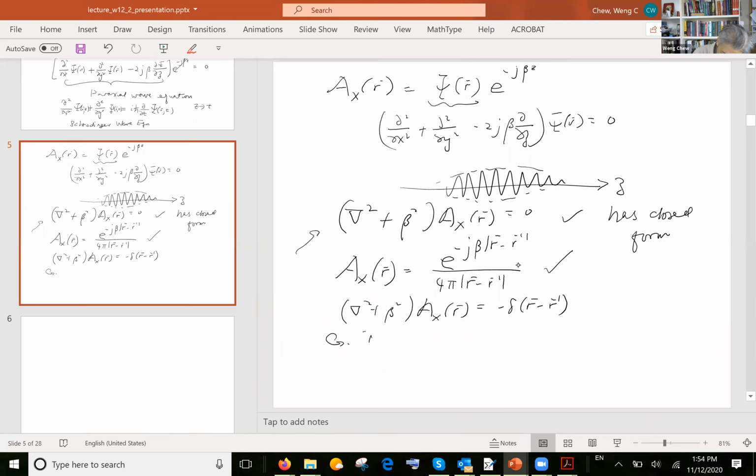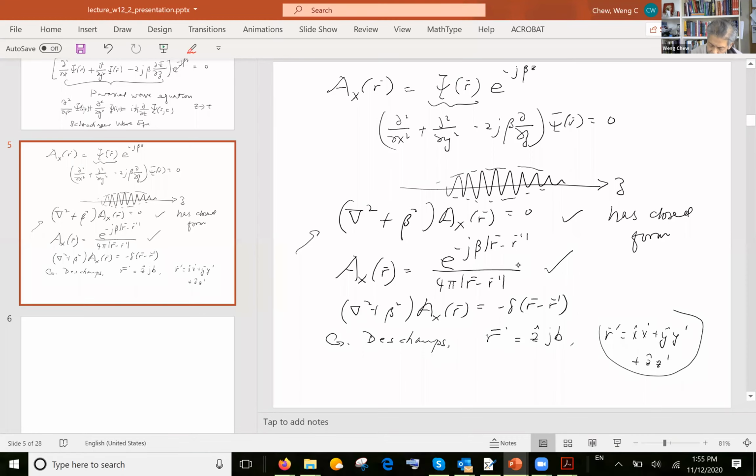Professor George Deschamps of the University of Illinois had a great idea. He said, why don't I make r prime a complex number? Okay. Why don't I make r prime to be a complex number so that it's given by z hat jb. Usually r prime is x hat x prime plus y hat y prime plus z hat z prime.